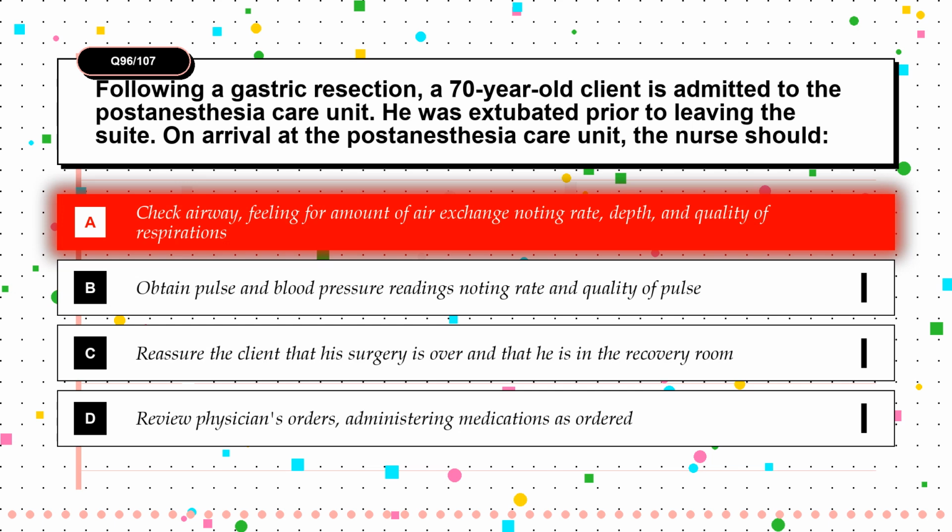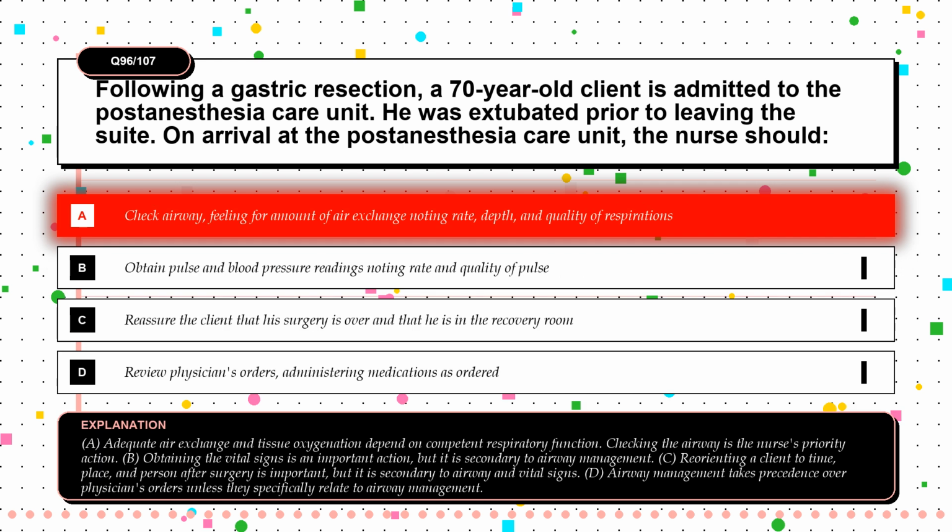The correct answer is option A. Check airway, feeling for amount of air exchange, noting rate, depth, and quality of respirations. Adequate air exchange and tissue oxygenation depend on competent respiratory function. Checking the airway is the nurse's priority action.